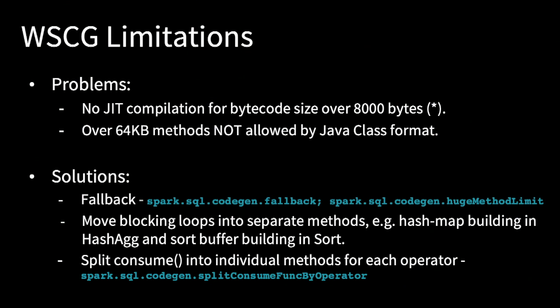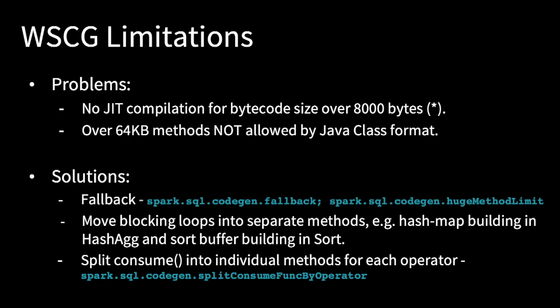Before I end my part, I'm going to go through the limitations of code generation in Spark. Despite the many benefits of whole stage code generation, Spark has also hit a few issues with it, especially when the generated code size grows too large.